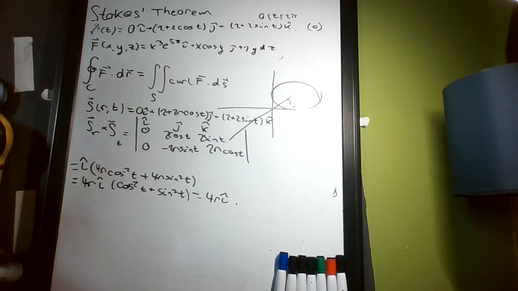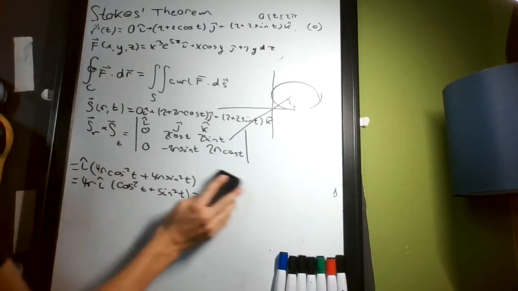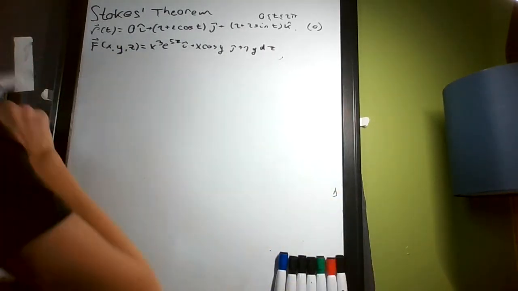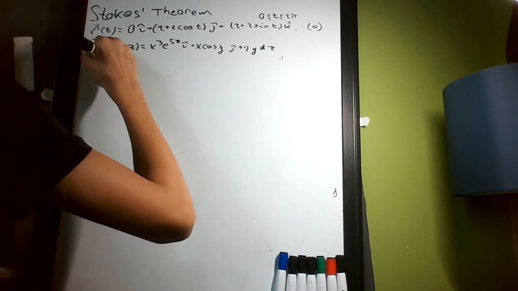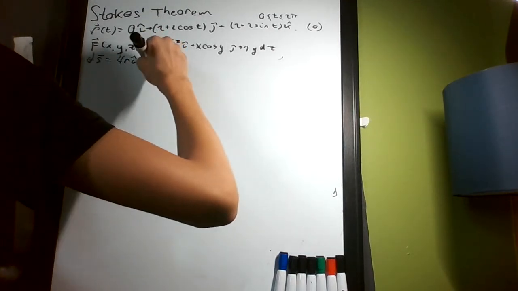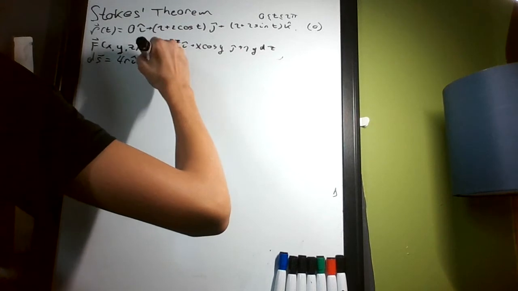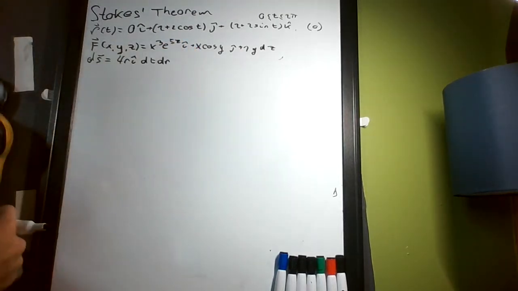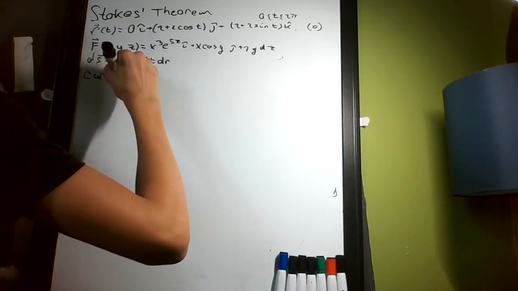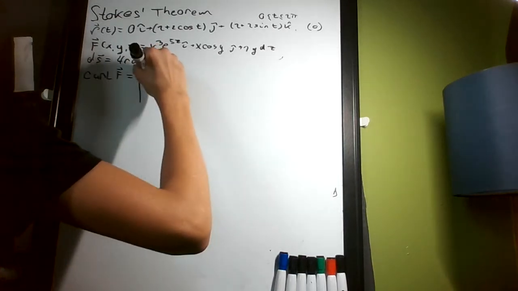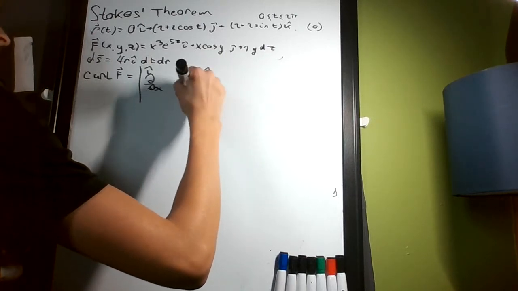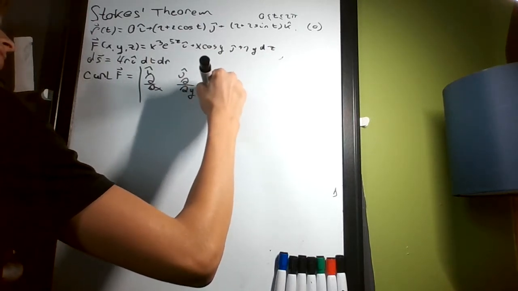Now, after you've done that, what we have to do is find the curl of F. So remember that dS equals 4r i hat dt dr. Sorry. Okay, so then next we find the curl of F, which is given here in evaluation.